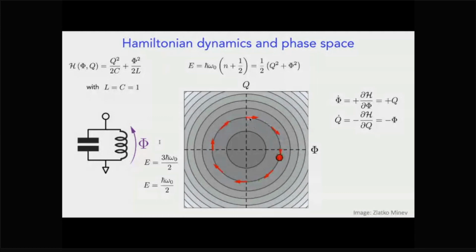This is just another way to represent that the electric charges on the capacitor are flowing through the inductor to the other plate and back and forth. And that's what we see. The charge goes positive, then it turns into flux, which corresponds to current flowing through the inductor, then goes to negative charge, so we flip the polarity of the capacitor and back and forth.